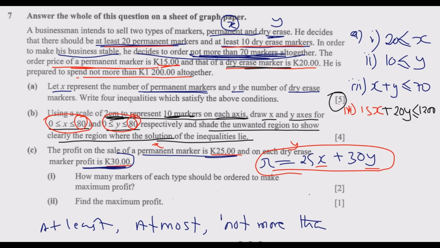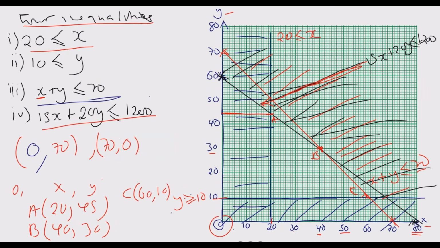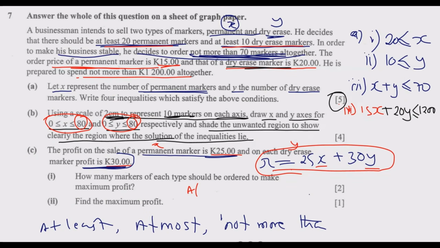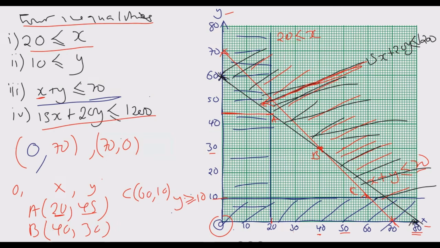So if you look at point A, we have x is 20, y is 45. We need to replace that into this function at A, which is 20, 45. These are the values of x and y. So what will be the profit?